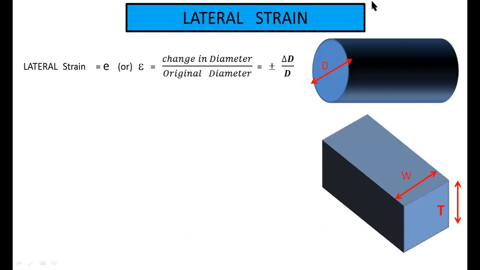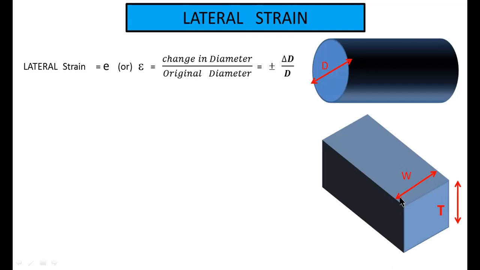Here another example is there. In case of circular shafts, lateral strain equals change in diameter by original diameter. But in case of rectangular or square sections, the lateral dimensions are width and thickness, other than length. So width and thickness are the lateral dimensions.